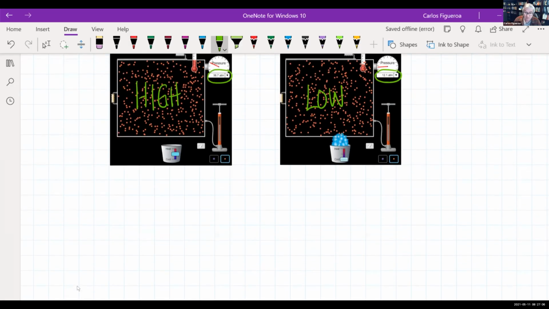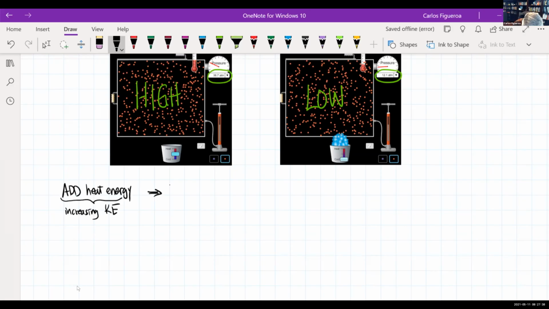So if I look at what I just did with the applet, if I add heat energy, what I'm really doing is increasing the kinetic energies of the gas particles. So what does that mean?